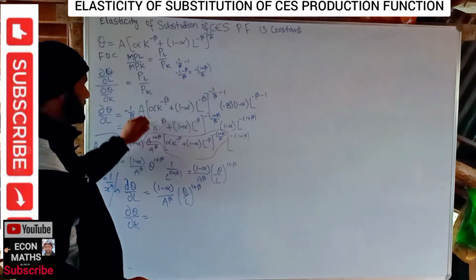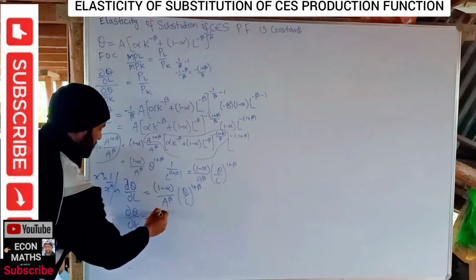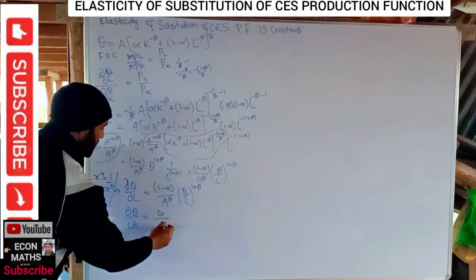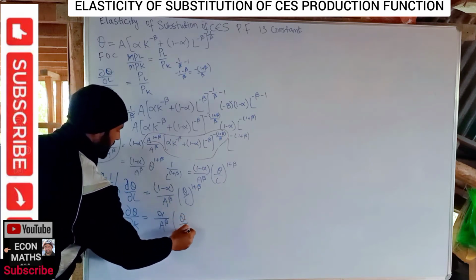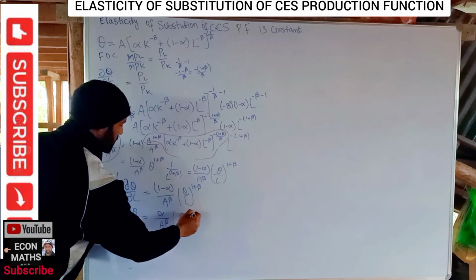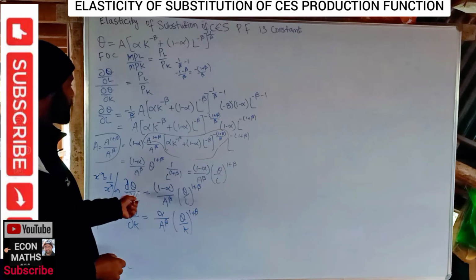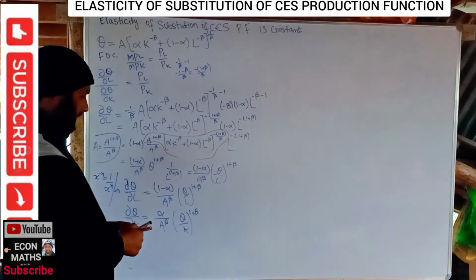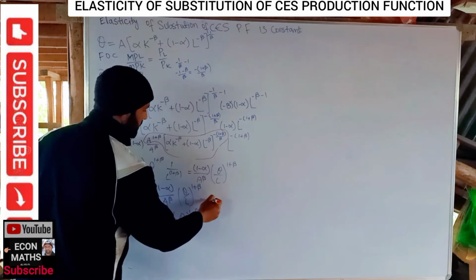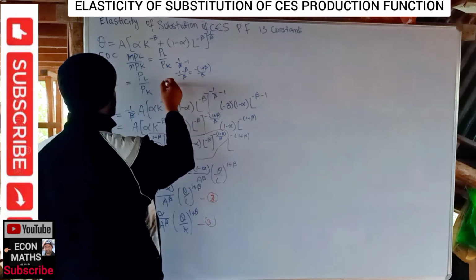You can easily calculate it, which will come out to be alpha divided by A to the power beta, times Q divided by K whole power 1 plus beta. So this is our marginal productivity of capital. This is our marginal productivity of labor. Let this be equation second, this be third, and this be first equation.